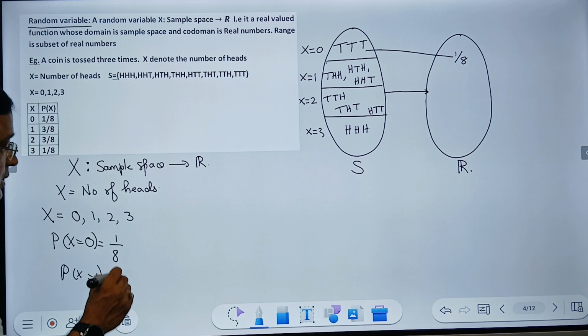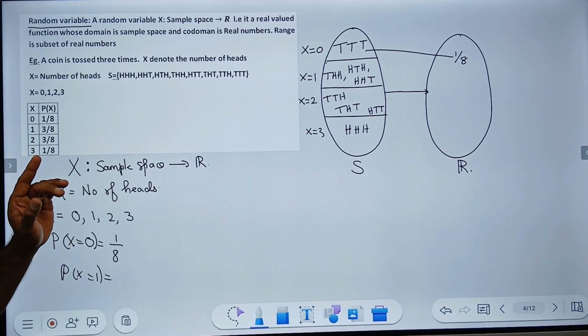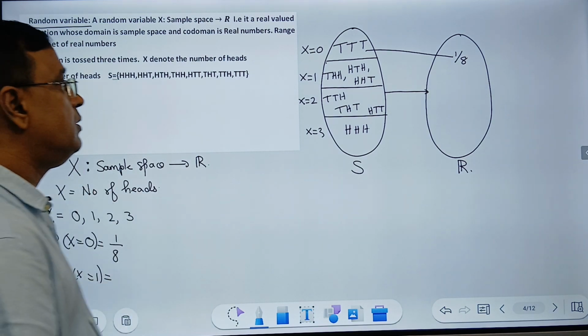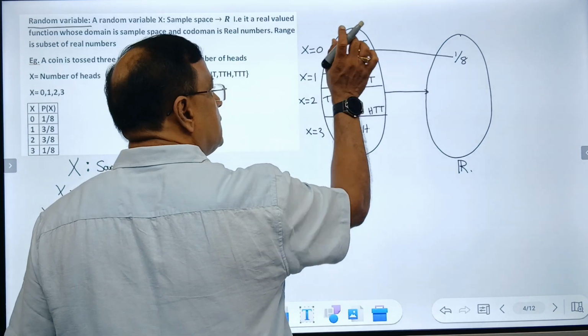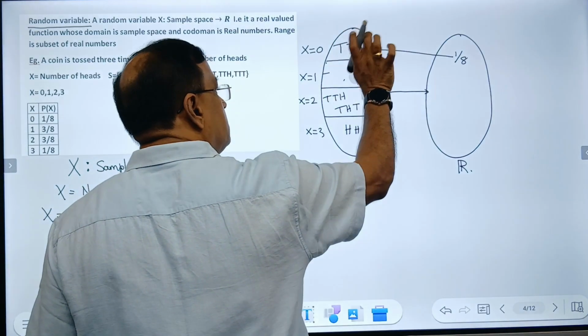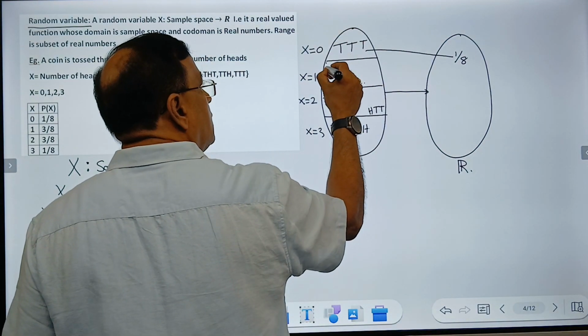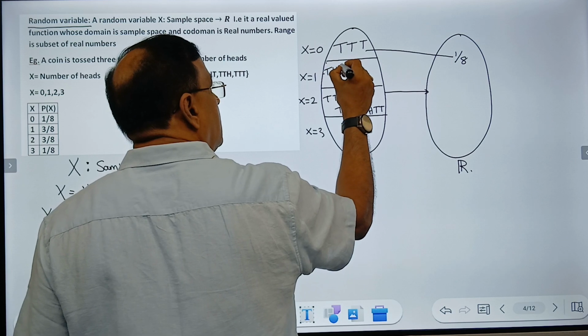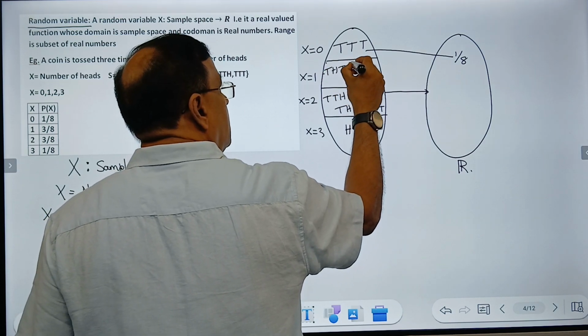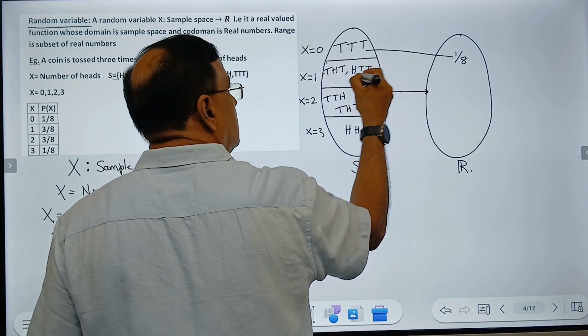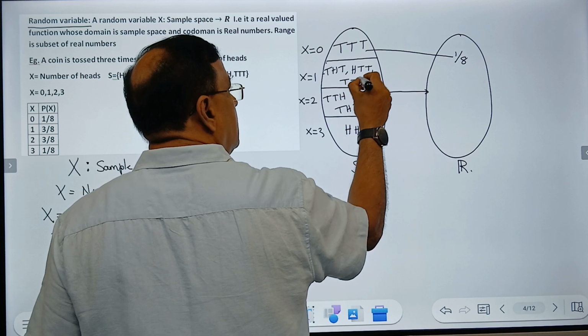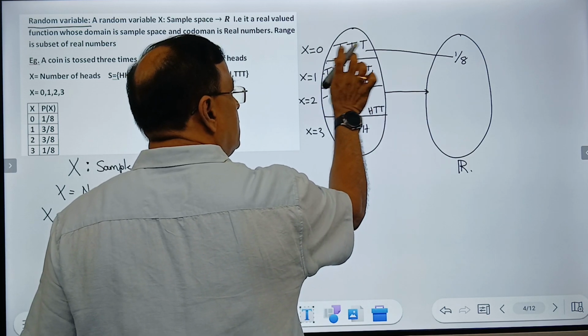When I say x is equal to 1, I'm talking about one head. Well, I think I made a mistake here. I'll change it. Okay, it's not a problem. Tail, head, tail, head, tail, tail, and tail, tail, head. So there won't be any confusion.